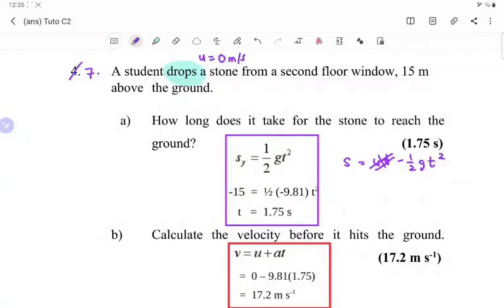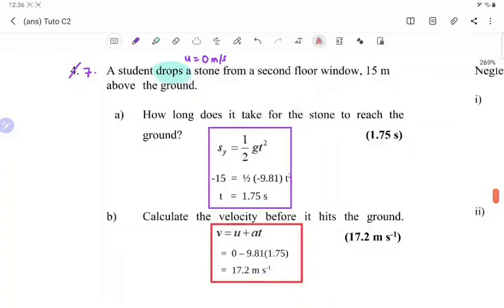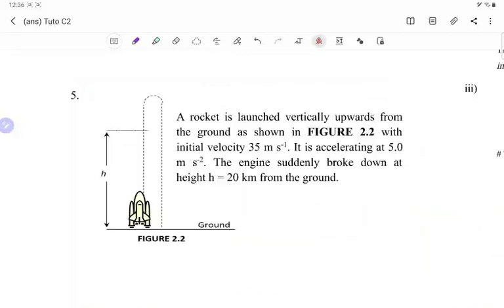So our equation is only this one. So just substitute the value, which is the height of the window, negative 15, and then you will get T 1.75 seconds. Calculate the velocity before it hits the ground. You need to find V, U is 0, A is negative 9.81, and T is 1.75. Then you get the answer.